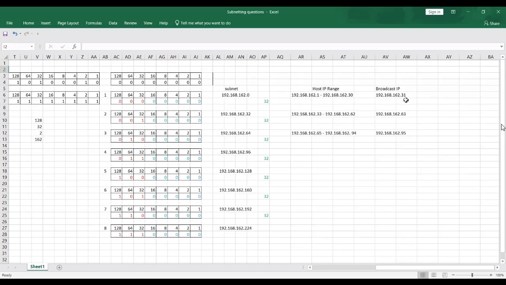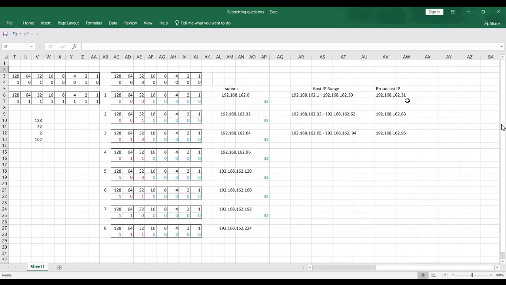So the broadcast address is 192.168.162.31. That means before this address, the last address should be 192.168.162.30. Then we can determine the next subnet.